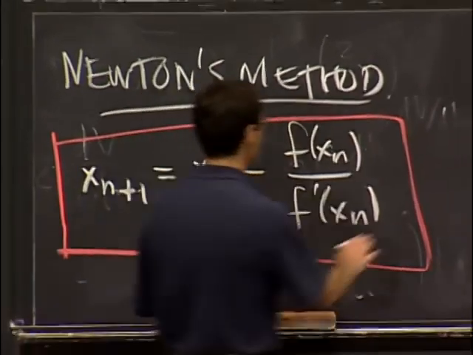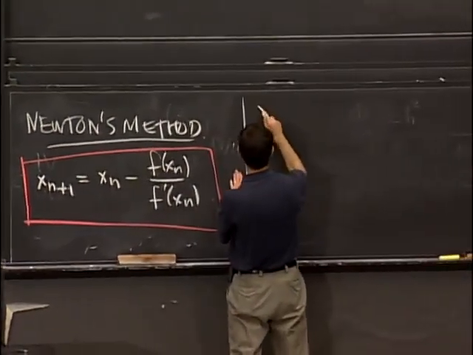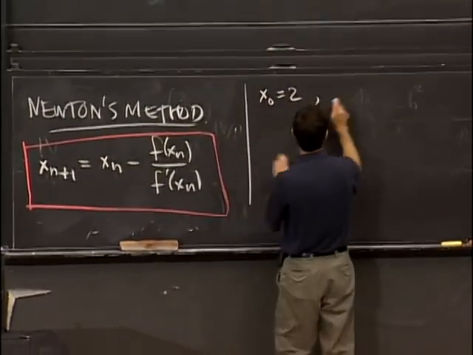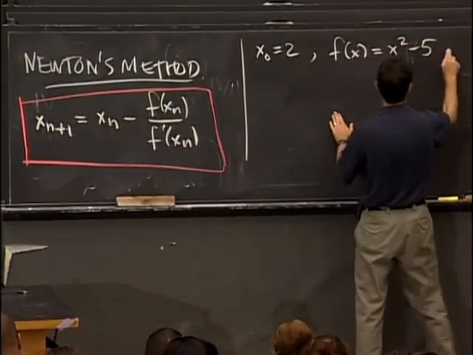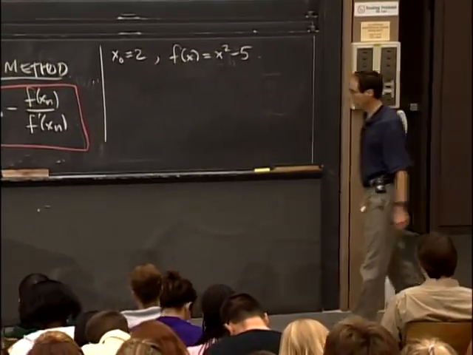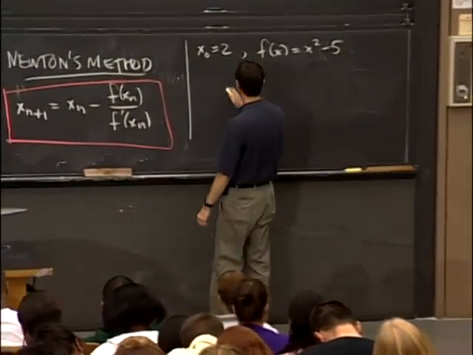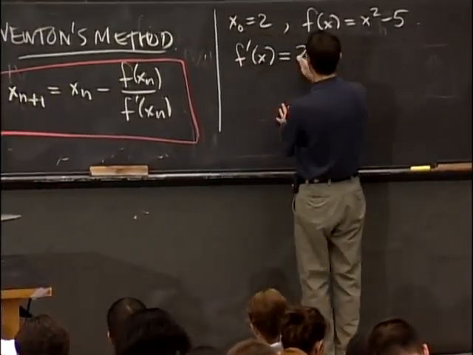All right, so let's see how it works in the case that we've got, which is x0 equal to 2, f of x equal to x squared minus 5. So let's see how to implement this formula. First of all, I have to calculate for you f prime of x. That's 2x.